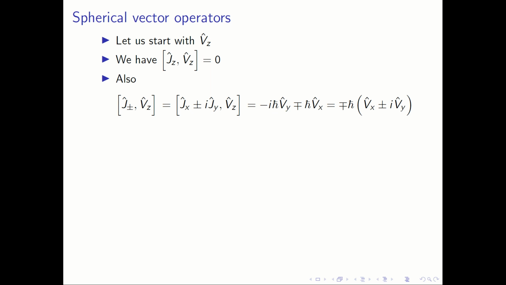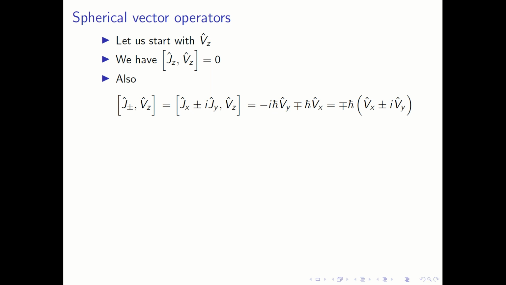Now what we will do is we will borrow a leaf from what J plus minus does to Jz eigenstates. J plus minus raises the Jz eigenvalue by plus minus 1. And as you will soon see, this is actually quite prescient of me, but that's of course hindsight.